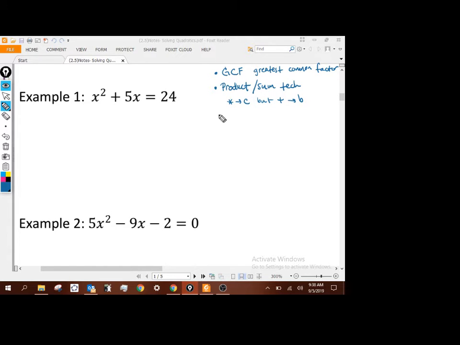If the product sum technique doesn't work, the next thing we're going to go to is the AC method, which we'll see an example of.